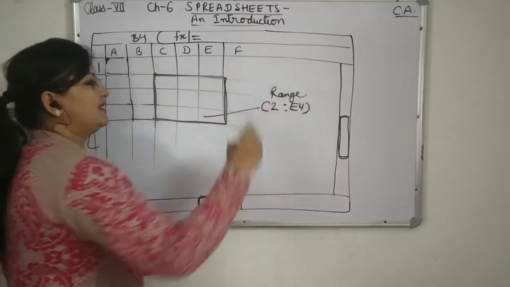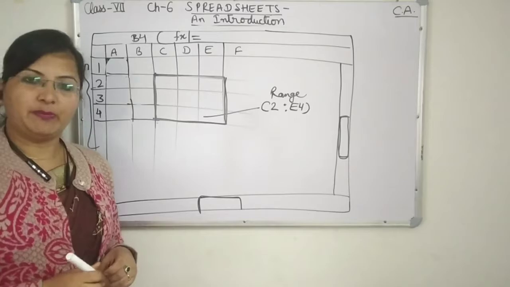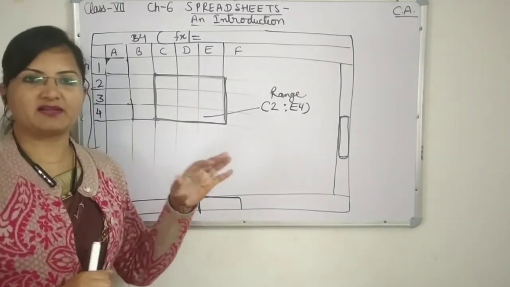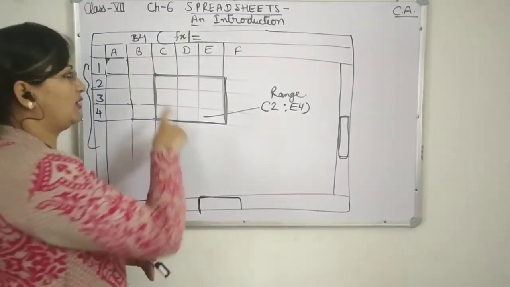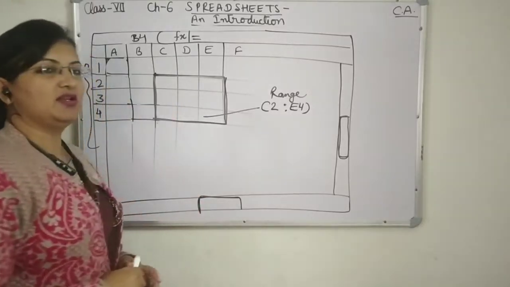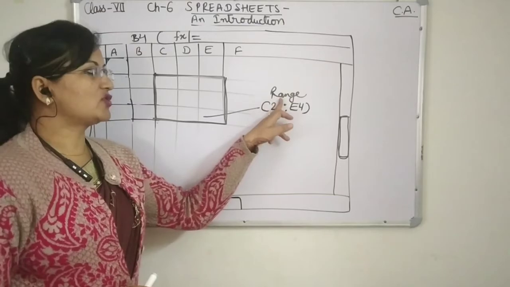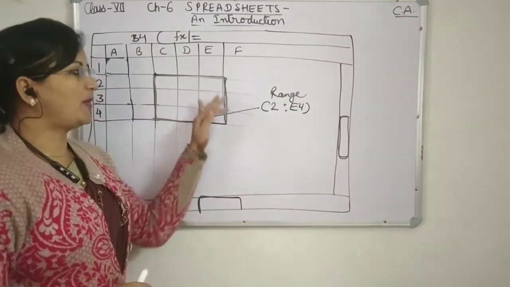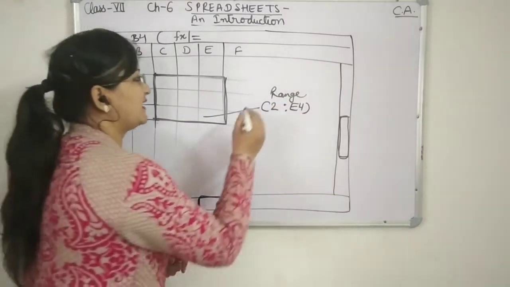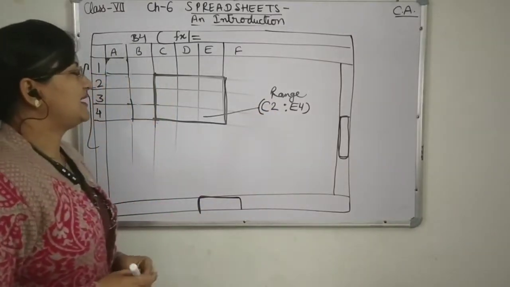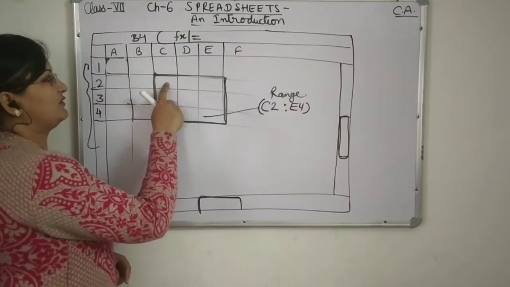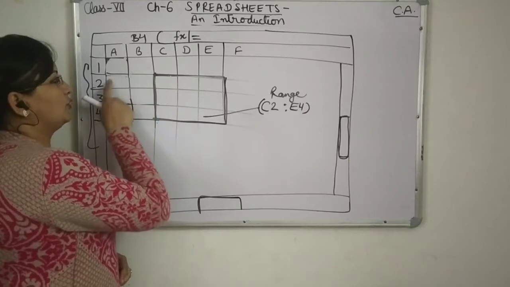If we are selecting multiple cells in continuous order, you can see all these are adjacent to each other. If you are selecting cells continuously, then it is known as a range. A group of cells is known as a range, and we have to see the address of the first cell, that is C2.